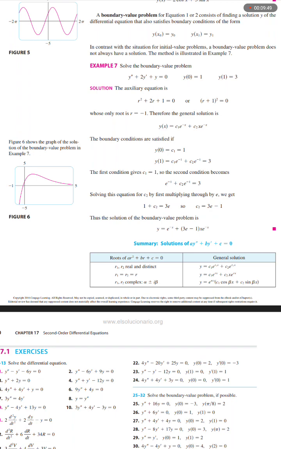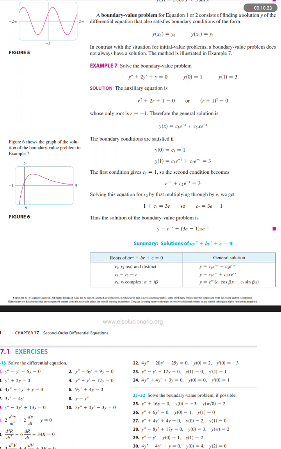The boundary conditions are satisfied if y of 0 equals c sub 1 equals 1, and y of 1 equals c sub 1 times e to the power negative 1 plus c sub 2 times e to the power negative 1 equals 3. The first condition gives c sub 1 equals 1. So the second condition becomes e to the power negative 1 plus c sub 2 times e to the power negative 1 equals 3.